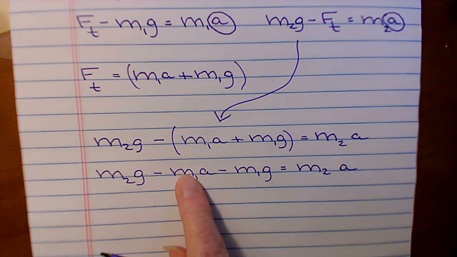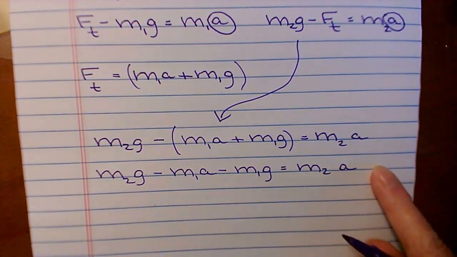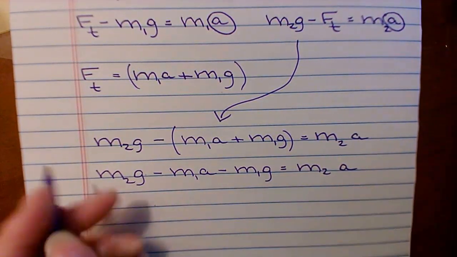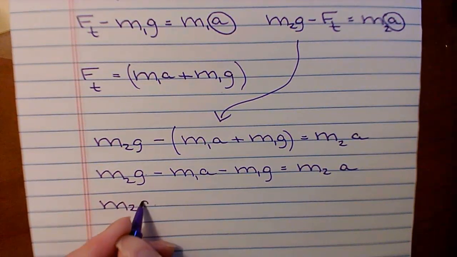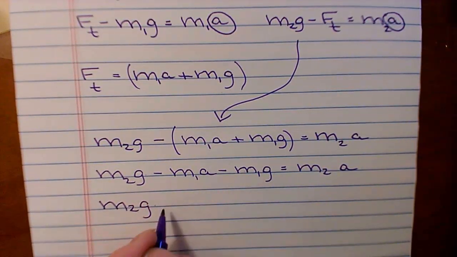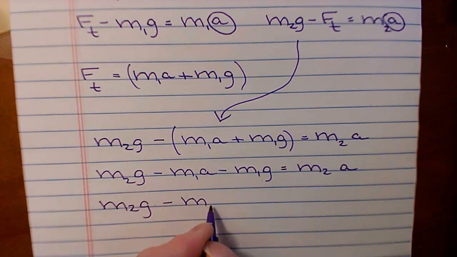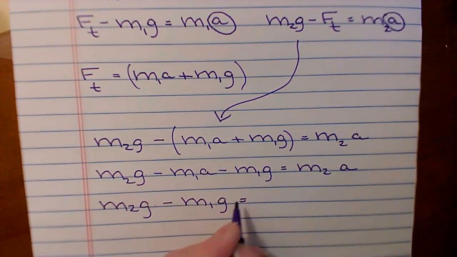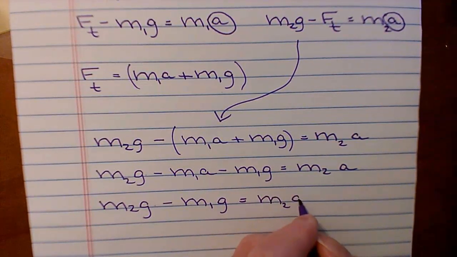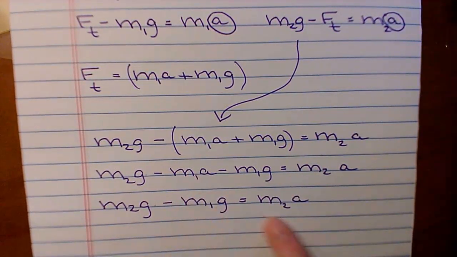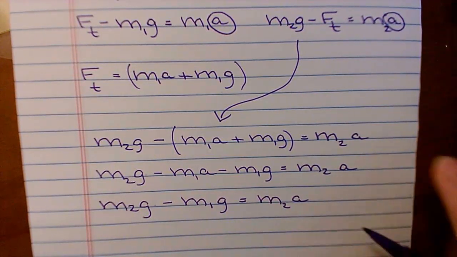So I'm going to move this to the other side. So that would leave me over here an M2G minus an M1G, and then over here I have M2A, but I'm moving this over, so I'm adding it to both sides.